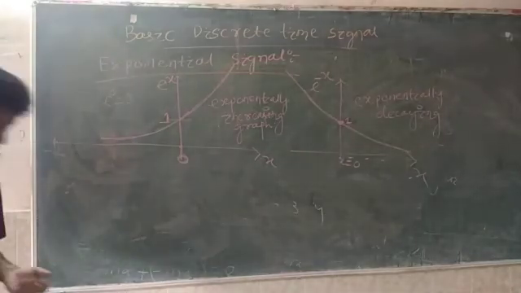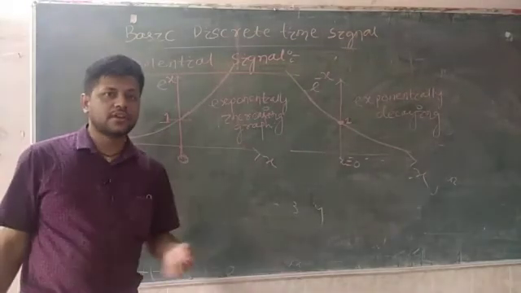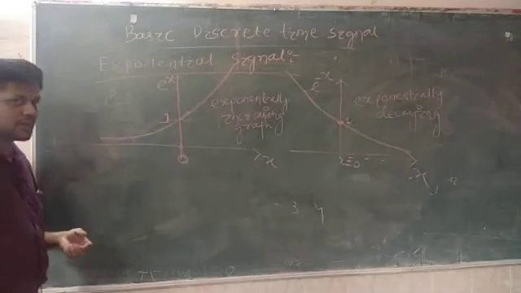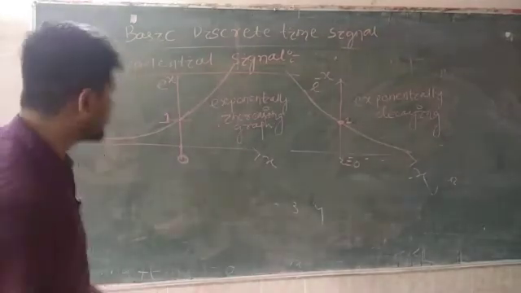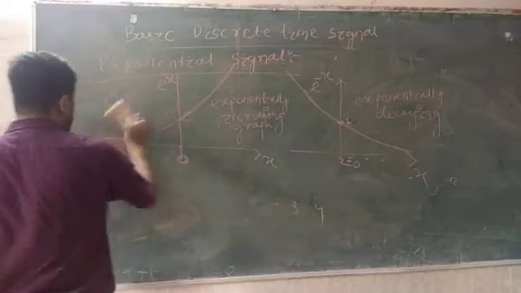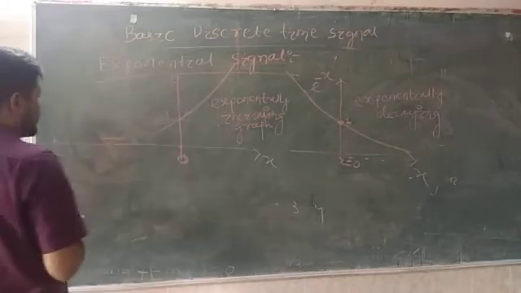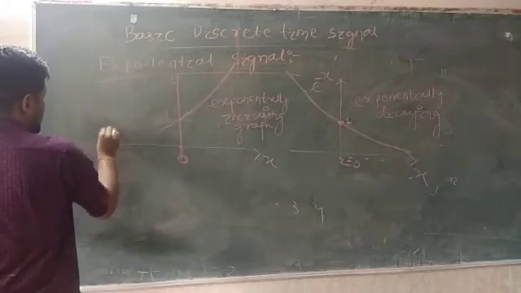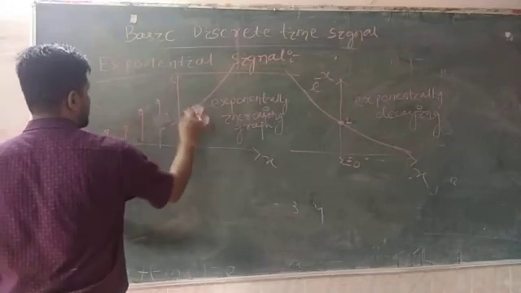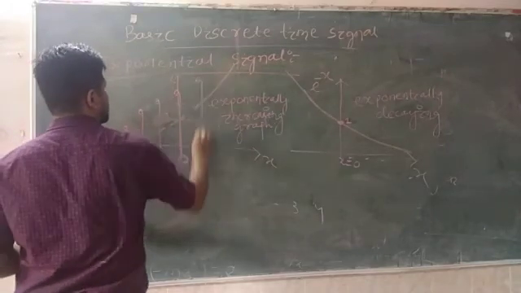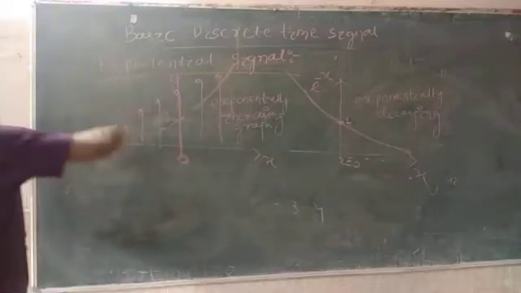So now the question is, when I convert this signal into a discrete time signal, how will it look and how are we going to represent that exponential sequence? In a discrete time signal we find it like this, exponentially increasing.